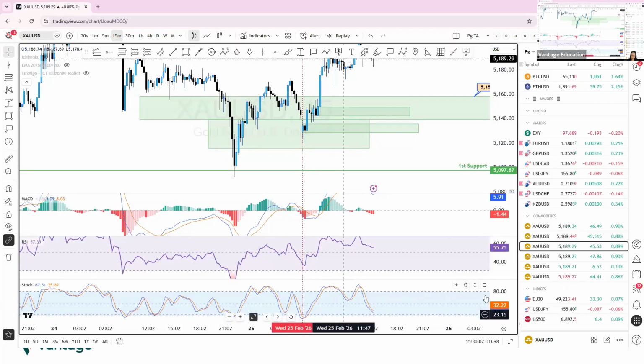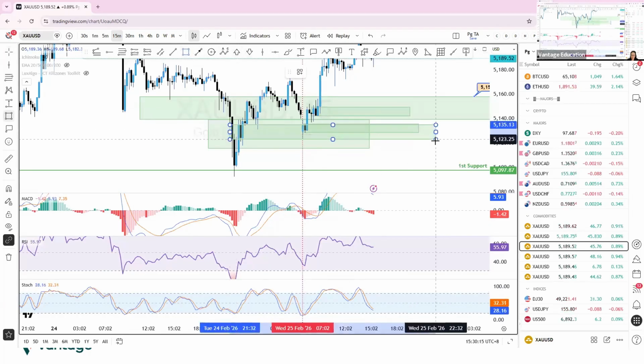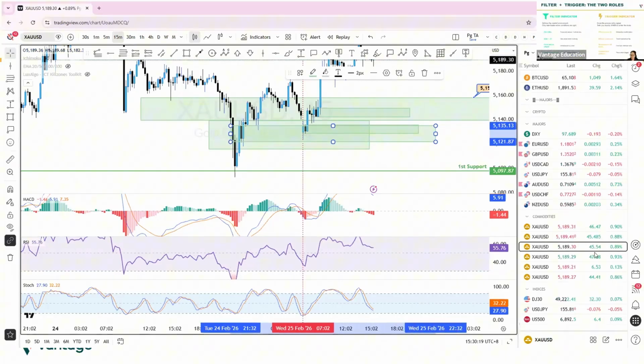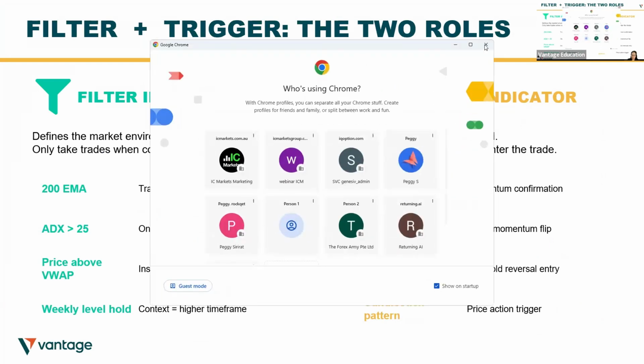But the stochastic shows you already a reversal here, plus price bounced from here. Look to the left, there's a demand here as well. Okay, and candlestick pattern price action trigger, I use PA and keep it accurate, about 100%.